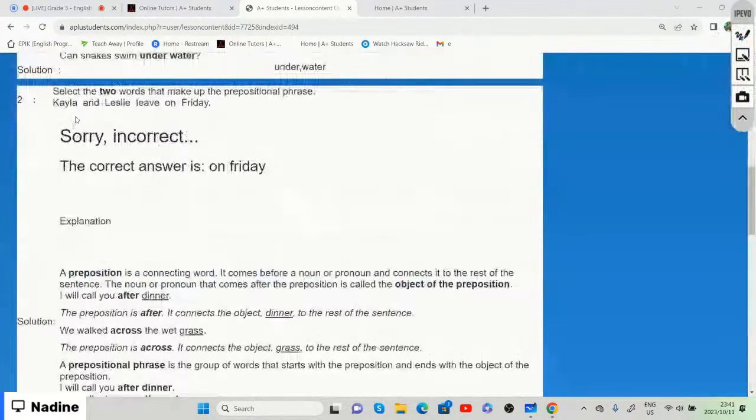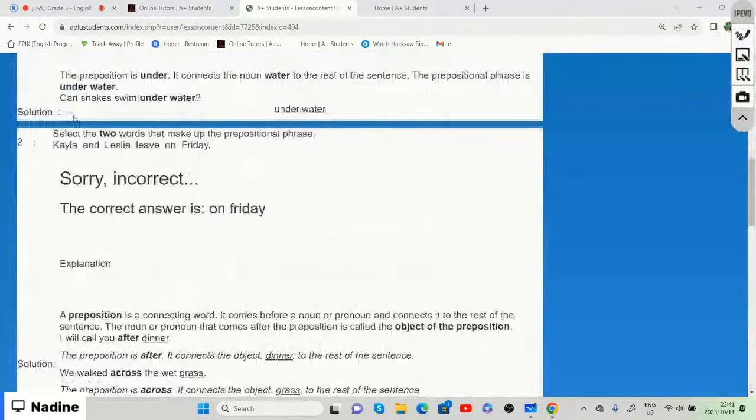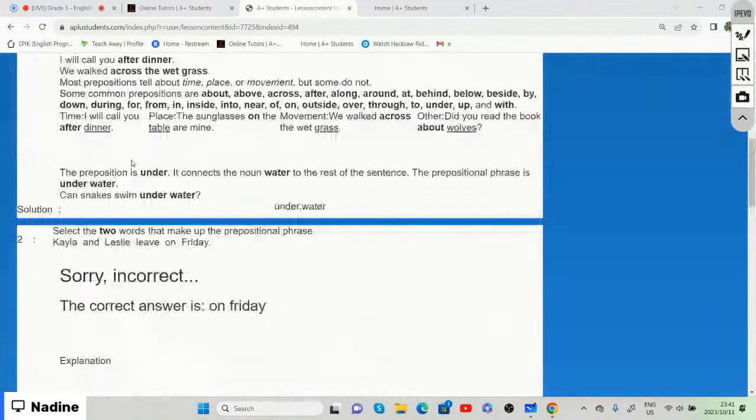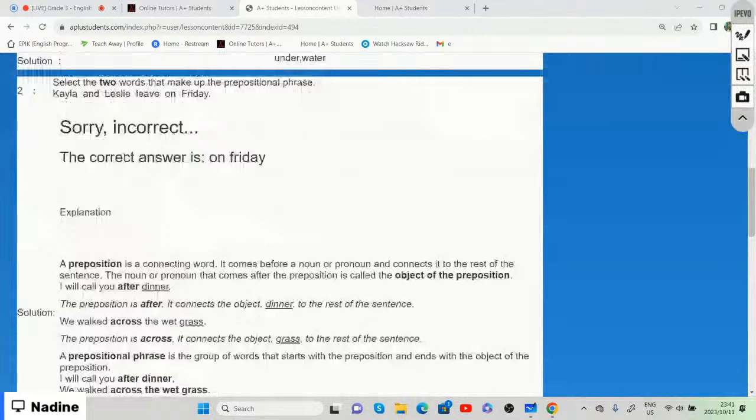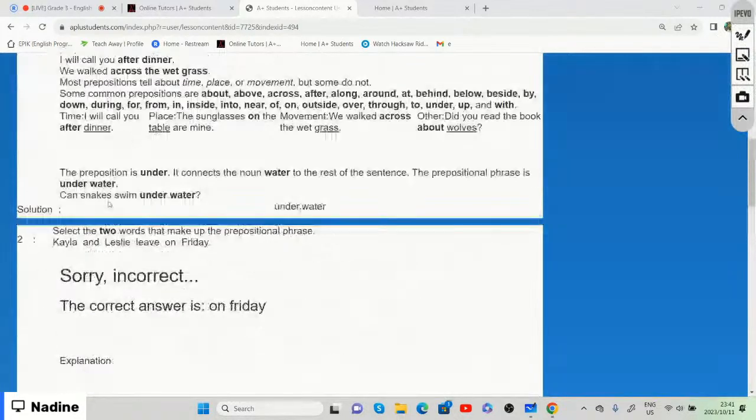We need to select two words that make up a prepositional phrase. Kayla and Leslie leave on Friday. They leave on Friday. We need to select the two words that make up a prepositional phrase. Two words.